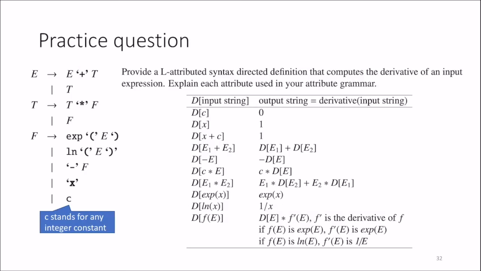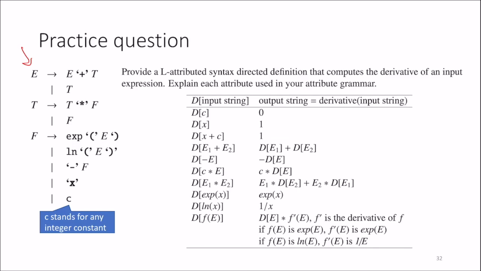The other practice question I have for you here looks scarier than it is. This grammar is recognizing functions like exp and log to the base e, minus, multiplication, addition, etc. And what we're doing is coming up with a symbolic derivative of the input string.